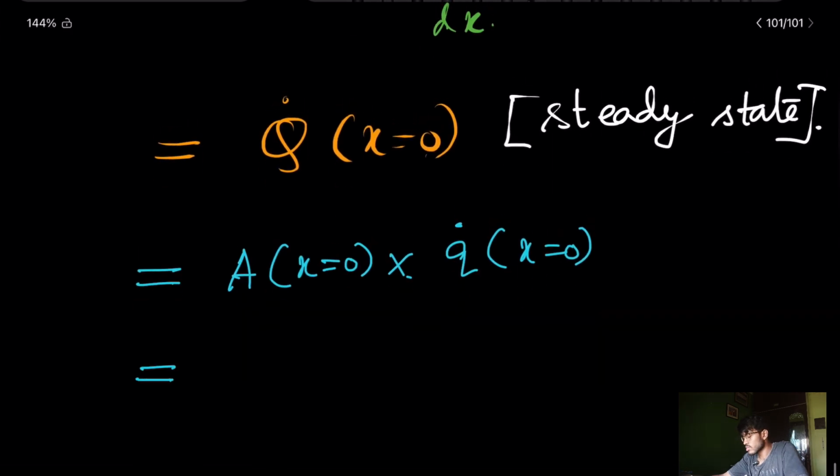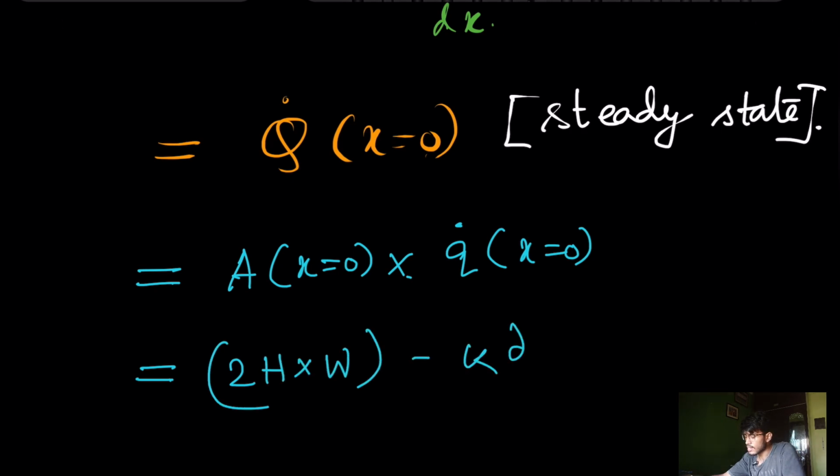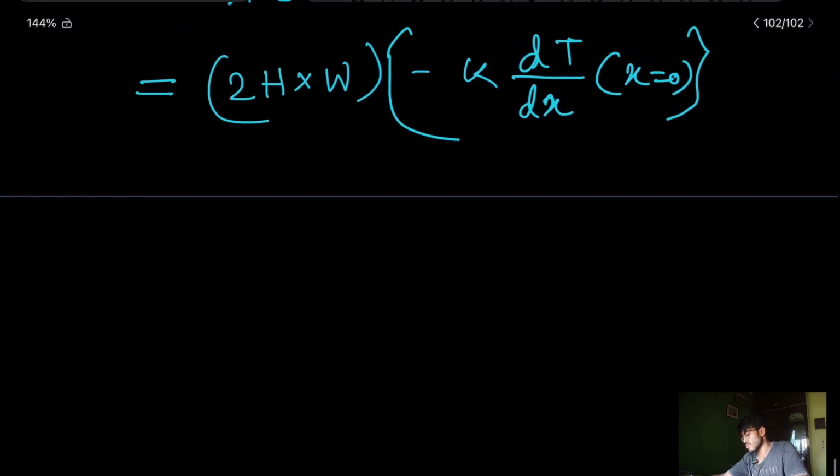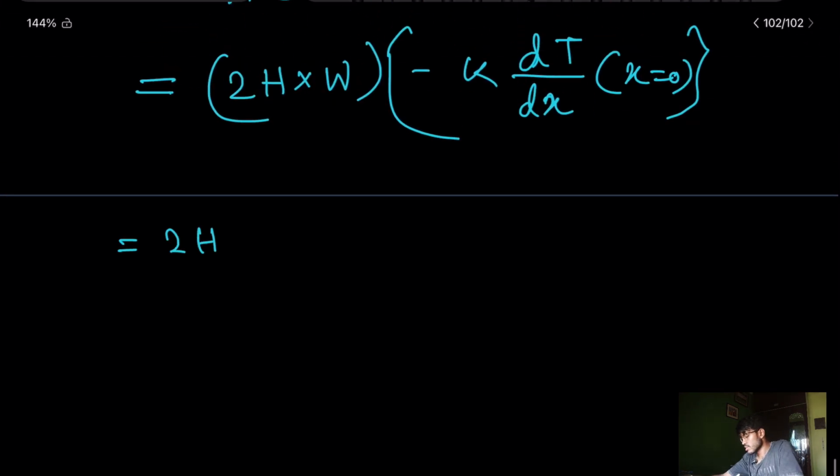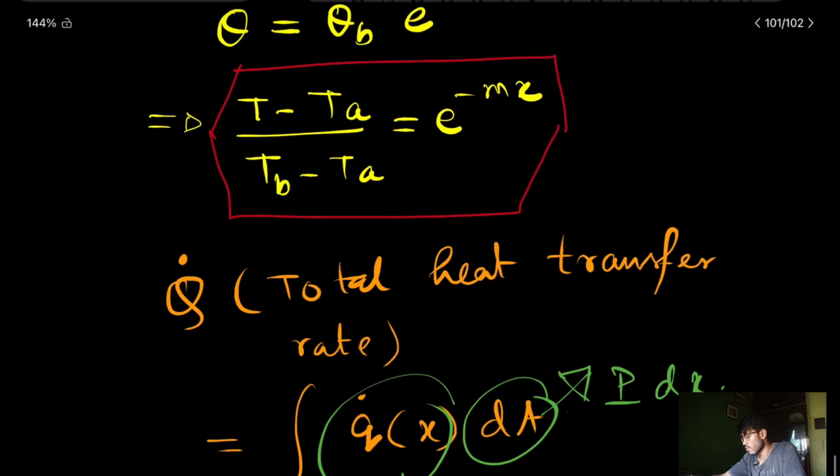Area at x equal to 0 is what? 2h into w, and this q is minus k dT/dx at x equal to 0, right? So this is 2h into w, and minus k I can take common. Now dT/dx I have to find.